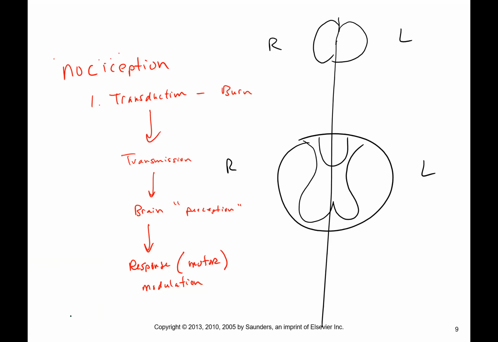All right, so you get hurt. Let's go back to the burn. The sensory information comes in to the dorsal horn, and because it's pain, it crosses over at the level of the cord.